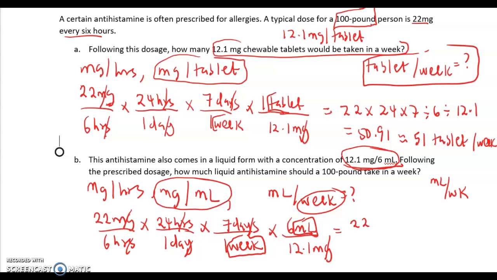So we're going to go ahead and multiply the numbers we have at the top, dividing by the numbers we have at the bottom.